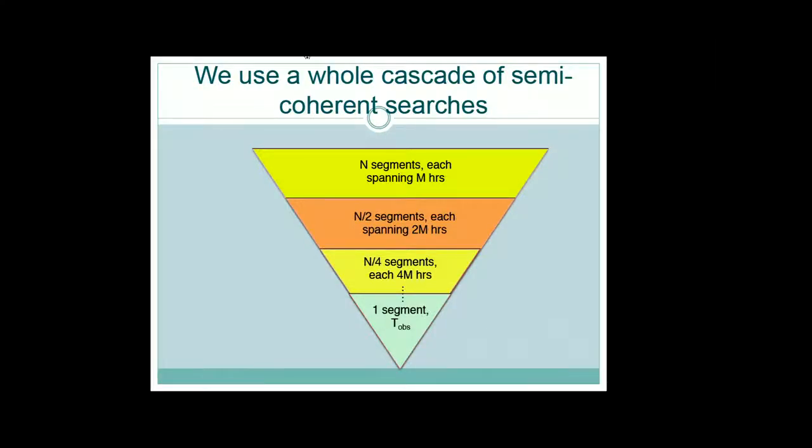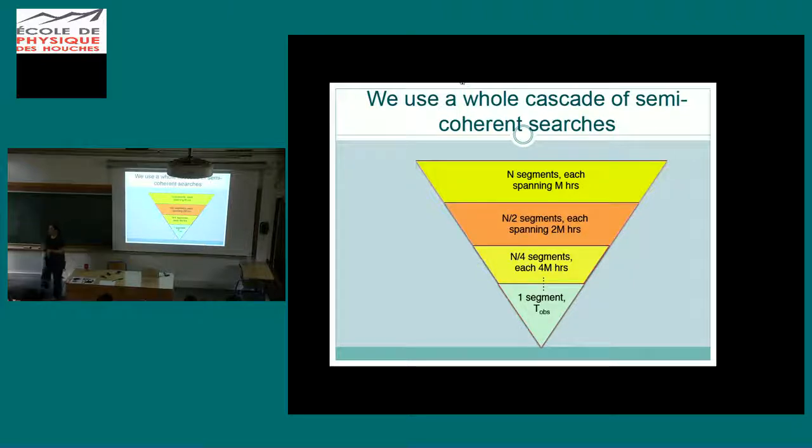And so what do you do then? Well, you do what you do when you want to dig in the noise. We started with N segments spanning M hours, and we searched 10 to the 17 templates. From these, we pick the top 15 million.